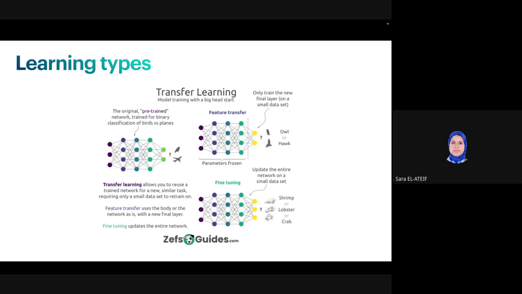Then we, as users, take these weights and this saved model and reuse it on our specific data. So let's say it was trained to distinguish between cats and dogs, and we want to train it to distinguish between a butterfly and, I don't know, a tiger. I'm obviously exaggerating.